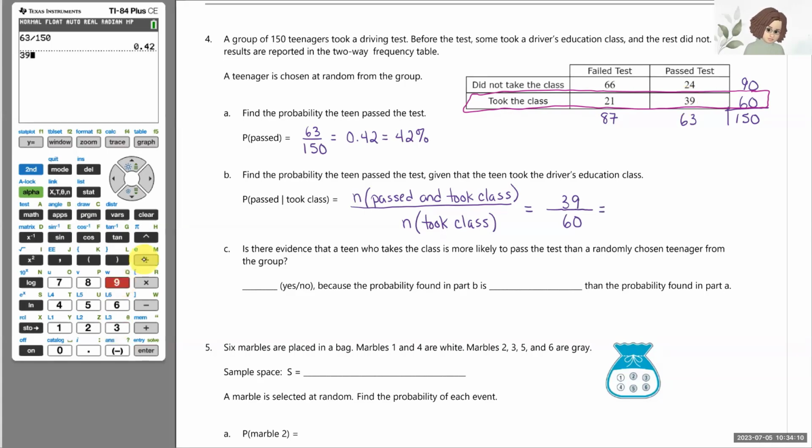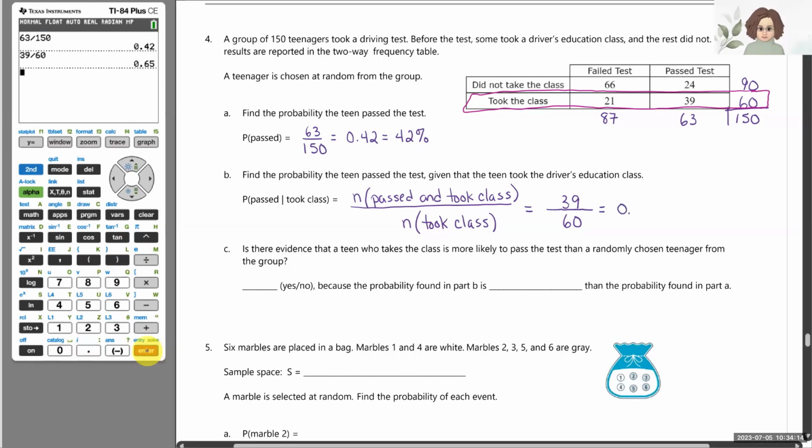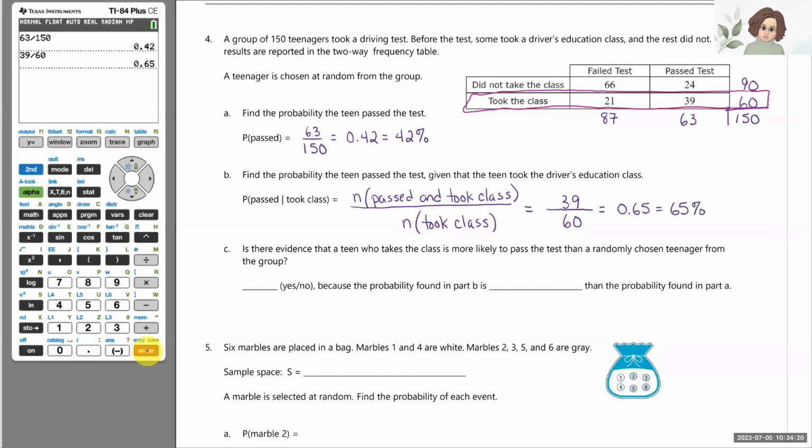And let's go ahead and write that in decimal. So that's 0.65, or a 65% chance if we're choosing just from the driver's education class people that they passed. So the idea here is we're trying to address the question, does taking driver's education seem to help students pass their driving test?